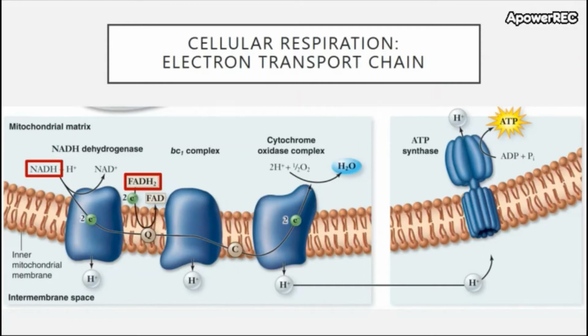And your oxygen reacts with the electrons in the electron transport chain and two protons in order to create water. And what is all this process for? Well, eventually it is used to produce ATP, and it produces a massive quantity of ATP. We're looking at 34 ATP from the one glucose molecule alone.